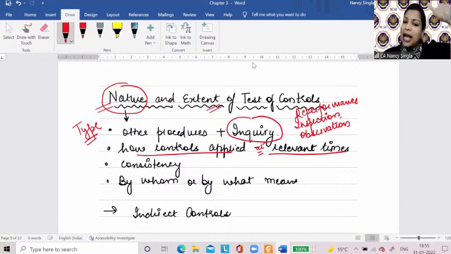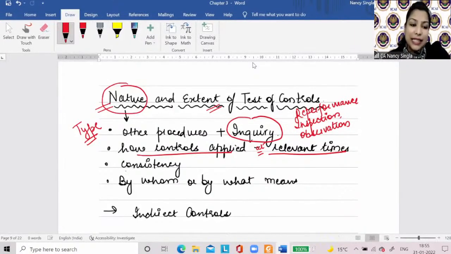During that relevant time, does this internal control operate effectively? And if I take the example of CCTV cameras, when there are power failures at that relevant time, do the internal controls still operate effectively? Right? So how controls are applied at relevant time?